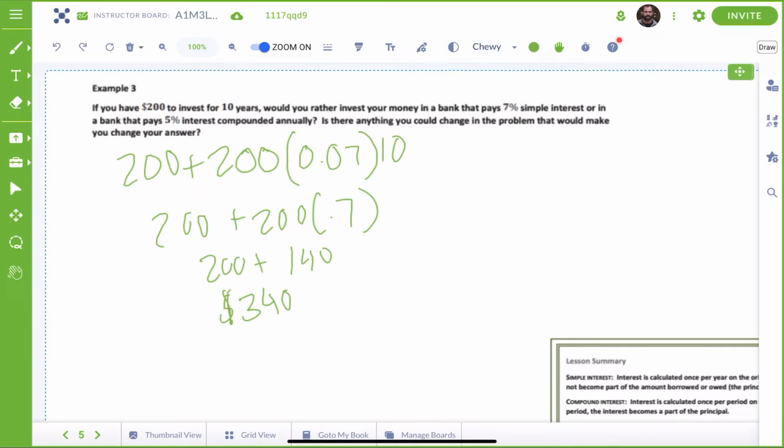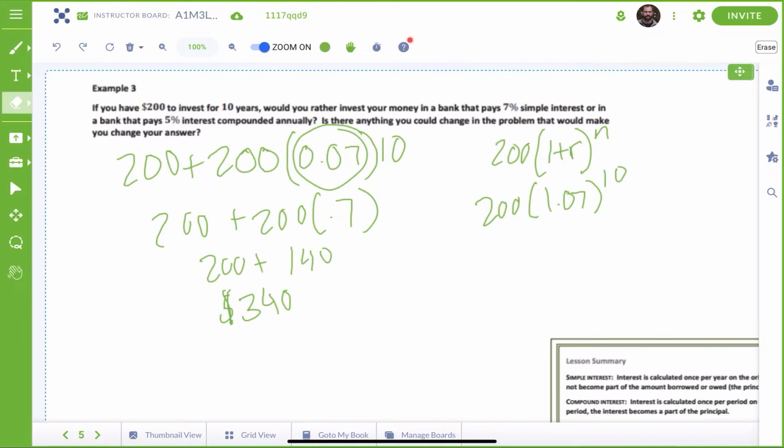Now, if we were to compound that with 5% interest, our formula would be 200 times (1 plus r) to the n. So 200 times, our rate was 0.07, so we're going to call that 1.07. And this is for 10 years as well. Oh, nope, I'm sorry. This interest rate was 5%.